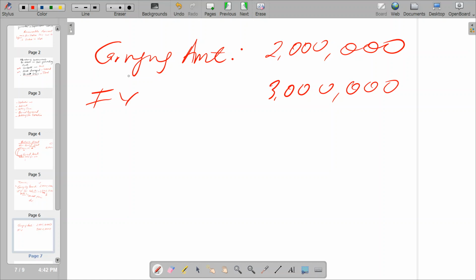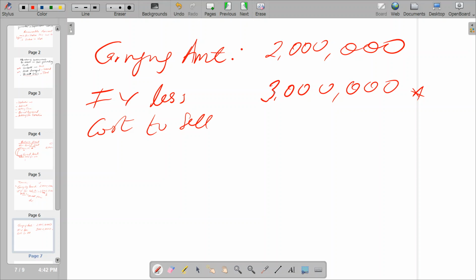Okay, so in this case, which one are we going to pick? Are we going to pick the fair value or the carrying amount? I'm still for the fair value. Okay, that's fine.